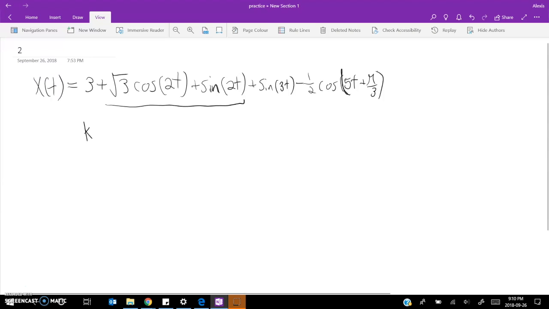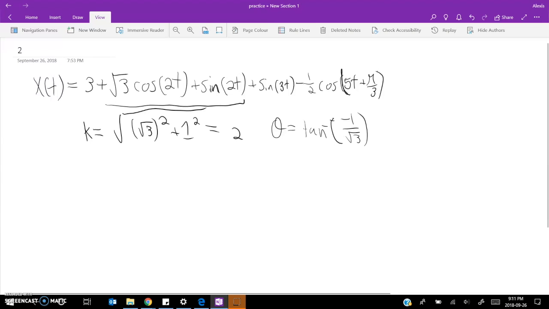So for example, constant A, which is going to be the magnitude, is going to consist of the square root of 3 squared plus 1 squared, and all of this is going to be equal to 2, and our angle theta is going to be equal to arctan of -1 divided by root 3, and this is equal to negative pi over 6.